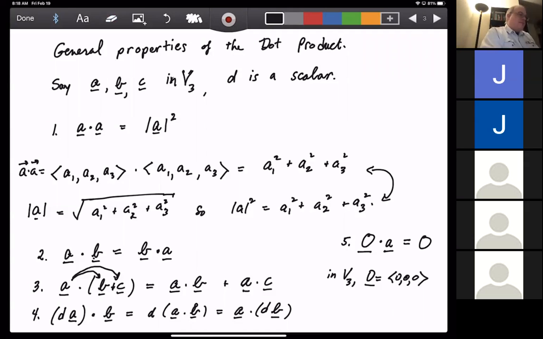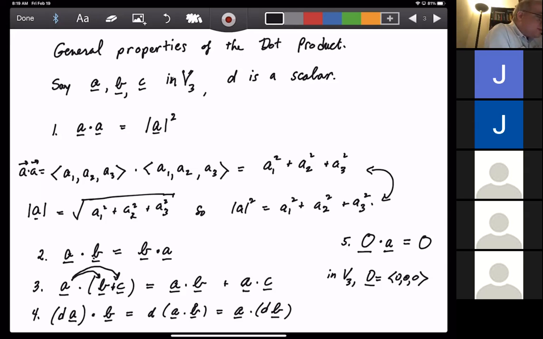These 5 properties of the dot product are summarized for you right at the beginning of section 12.3. Make sure that you're aware of these rules and comfortable working with them.